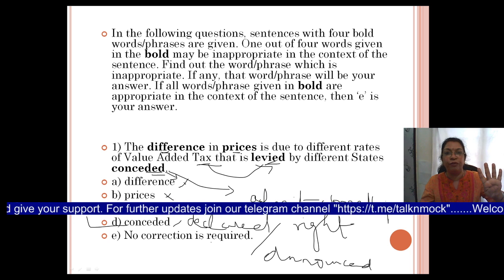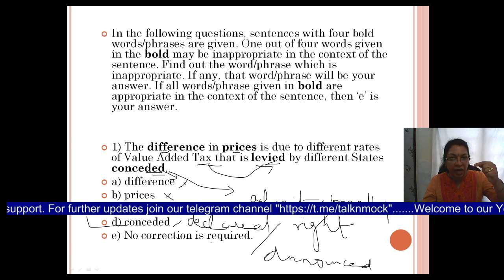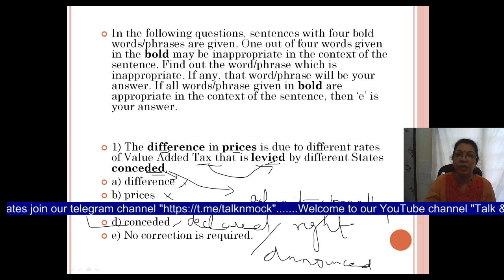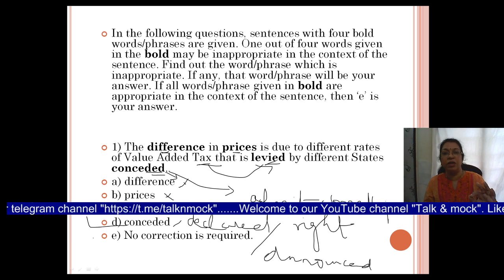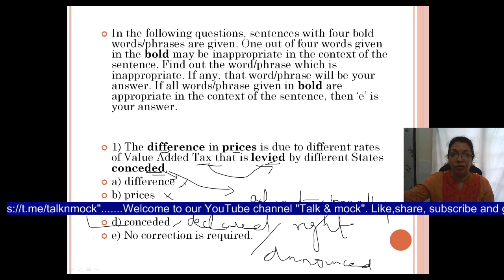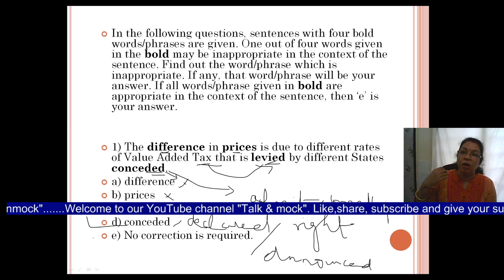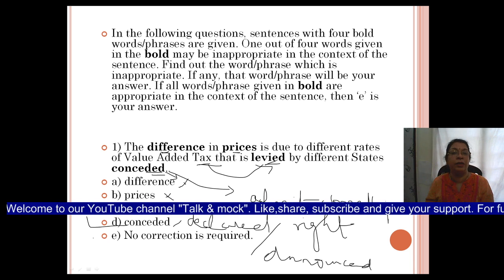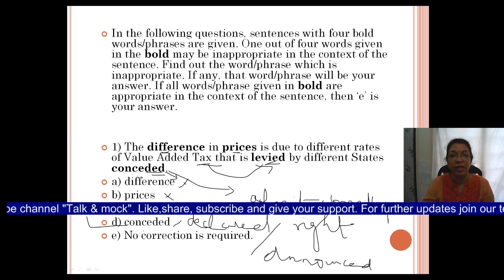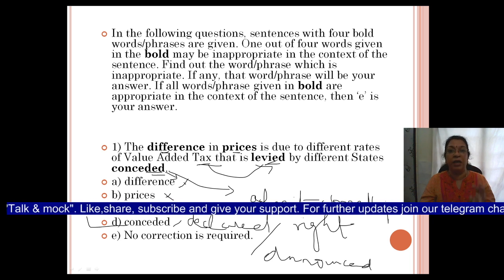They have boldened 4 words, and out of the 4, whichever you think is wrong, you should select that. In this context, conceded is wrong, because the different states will announce a tax levy or declare its decision. So conceded is the wrong verb here.